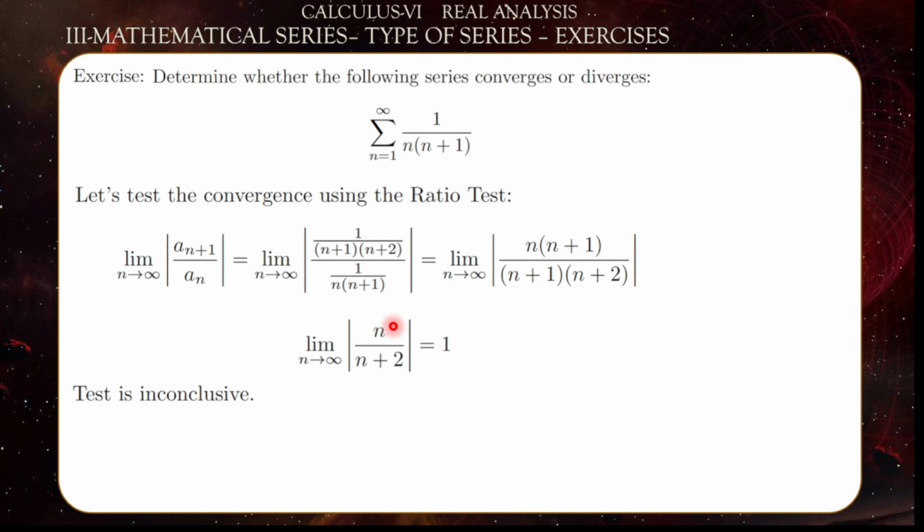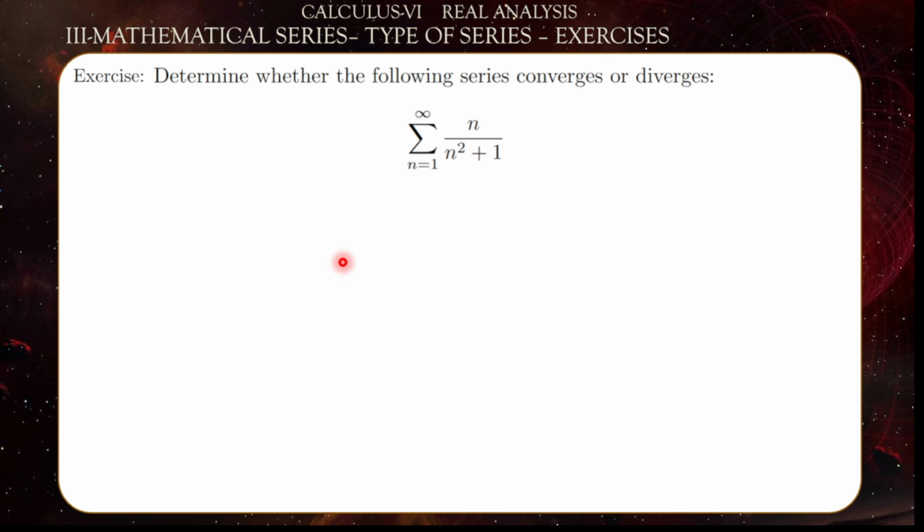Because you take the variable with the highest power, which is n, because 2, as n approaches infinity, doesn't really count. So the limit as n approaches infinity of the absolute value of n divided by n plus 2 is equal to 1. Hence, the test is inconclusive. So we cannot count on this method to find the convergence. The ratio test did not work.